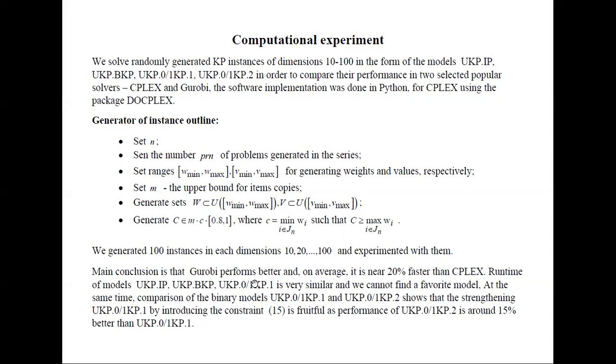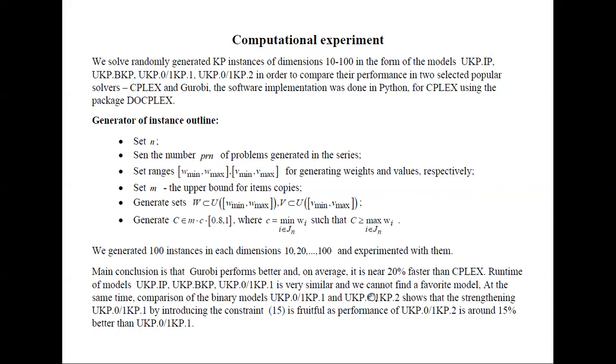If we compare CPLEX with Gurobi, then CPLEX showed worse performance, around 20% on average. It is worse than Gurobi. Gurobi is the champion.